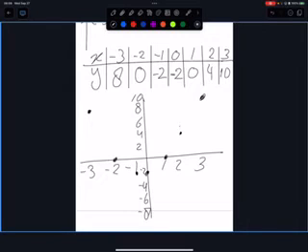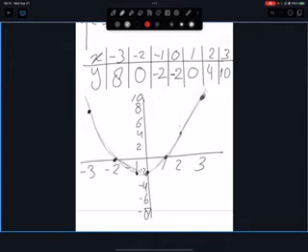Yes, so you get a type of curve. Something like this. Yes, it's a curve.